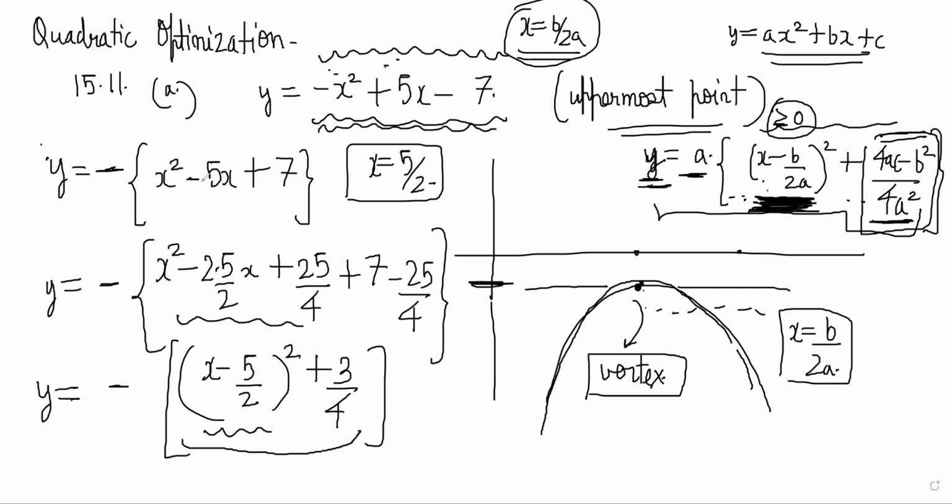b by 2a is actually 5 by 2, into minus 1, minus 5 by 2. So you have to take the negative sign outside and do b by 2a on this part, right?